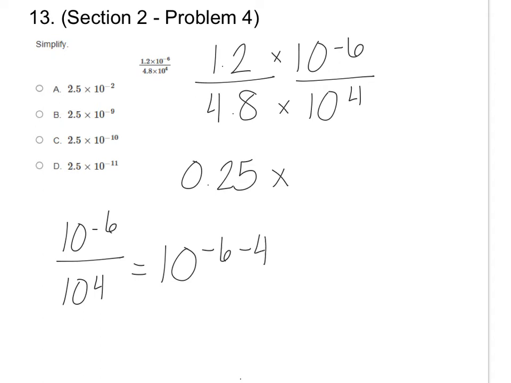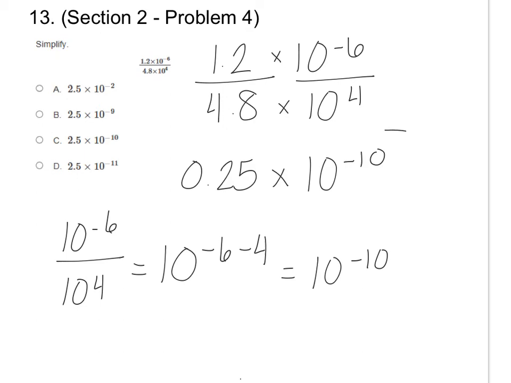Because you're dividing, you subtract the exponents. You take the exponent in the numerator and subtract the exponent in the denominator. That gives me 10 to the negative 10.